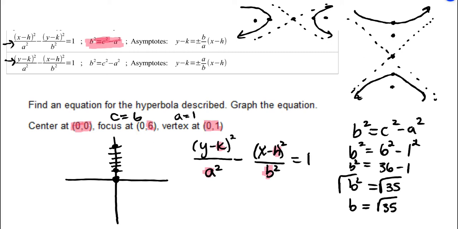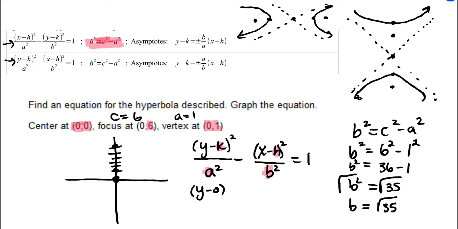And I can substitute this into the template. The hyperbola that has a vertical transverse axis.